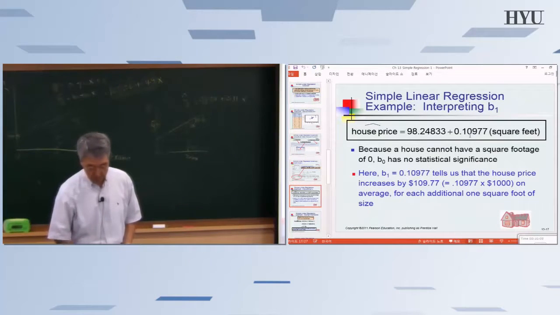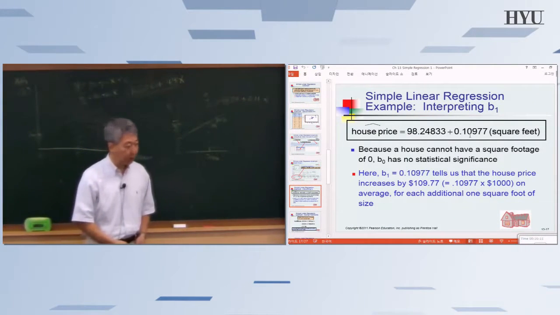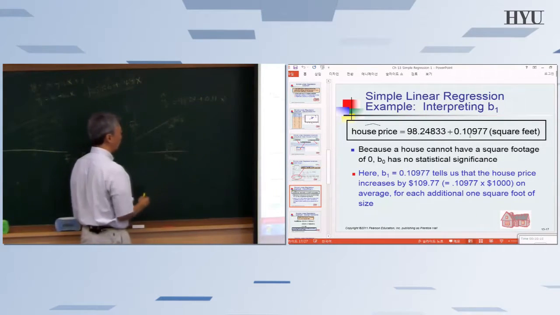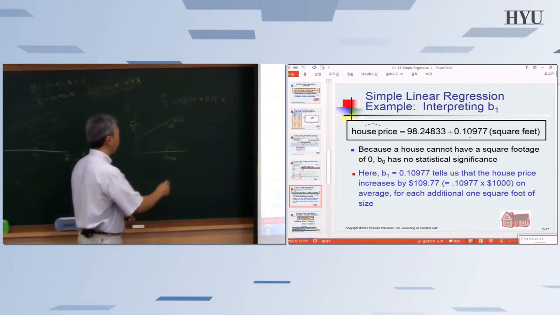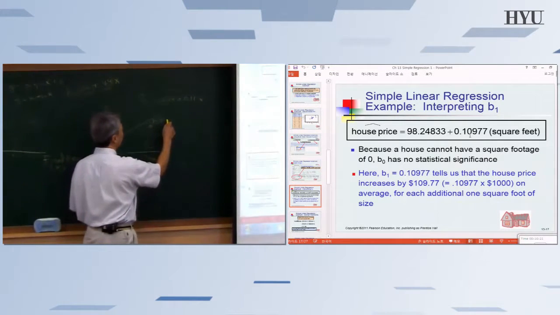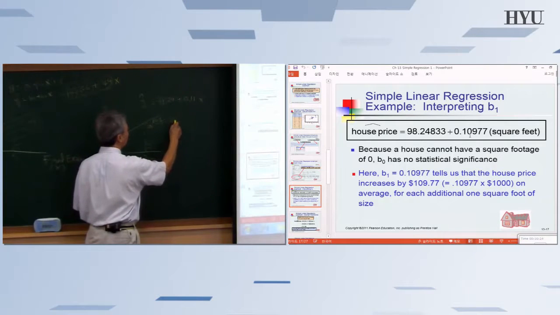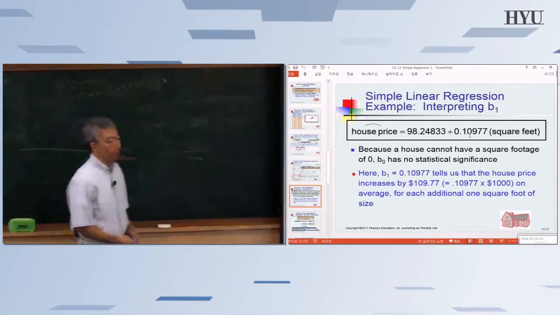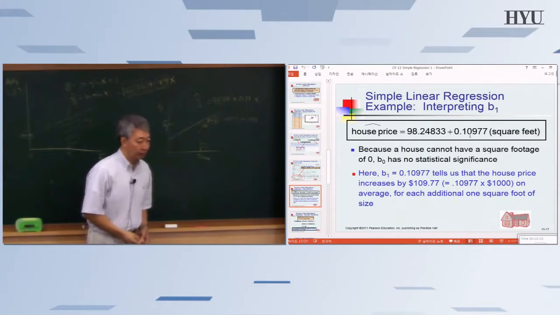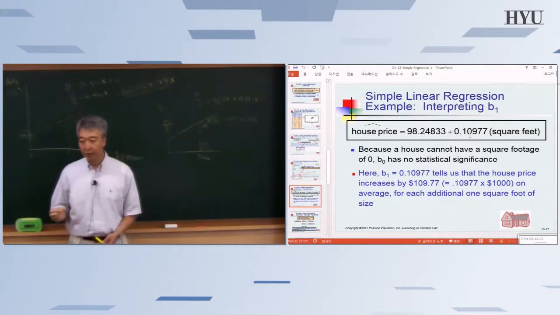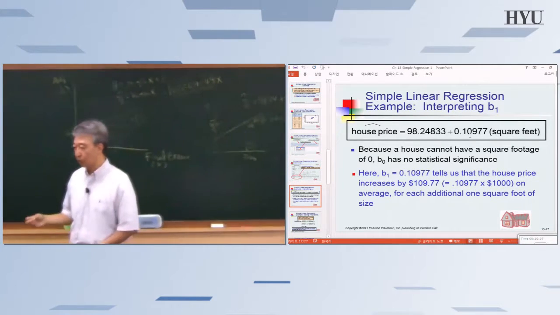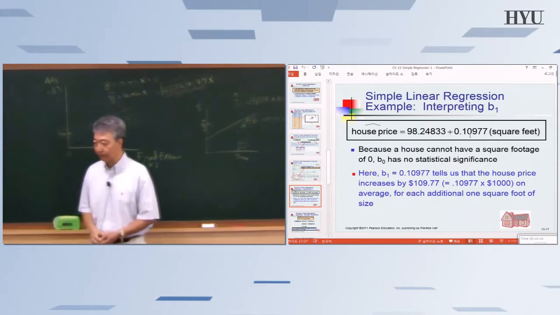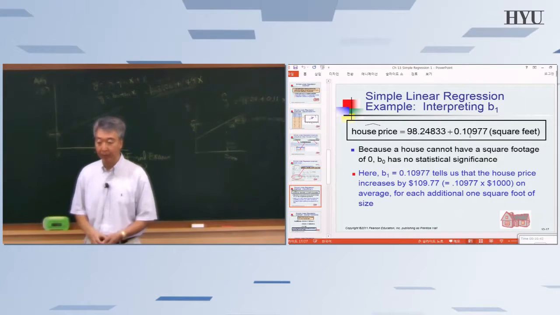So for every 1 unit increase in square feet, the change in y is 0.10977 times $1,000, so that's $109.77. So every time house size increases by 1 square foot, the price increases by $109.77. Okay? All right.